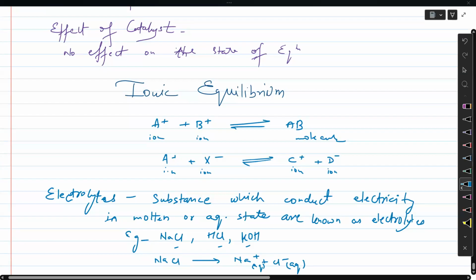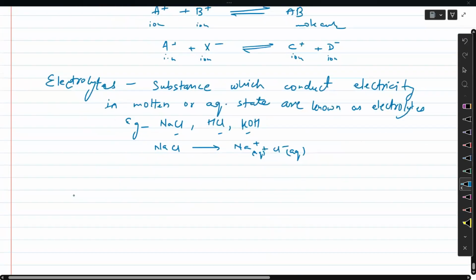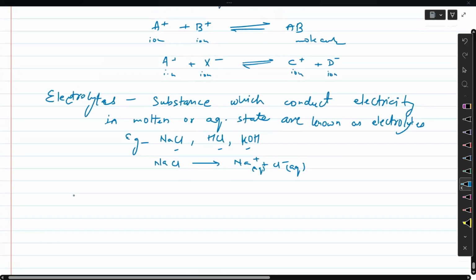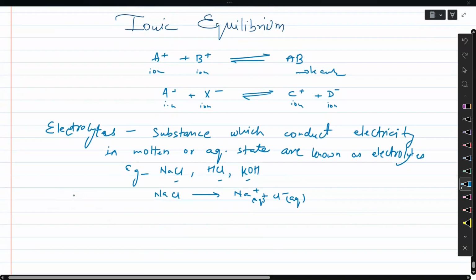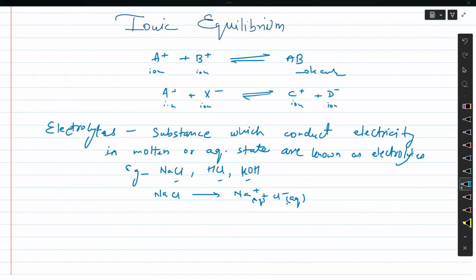Electrolytes are categorized into two forms: strong electrolytes and weak electrolytes. We have seen the dissociation of sodium chloride: every sodium and chloride ion is dissociated.